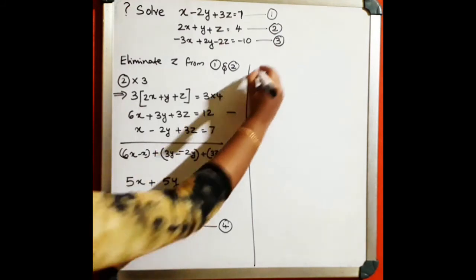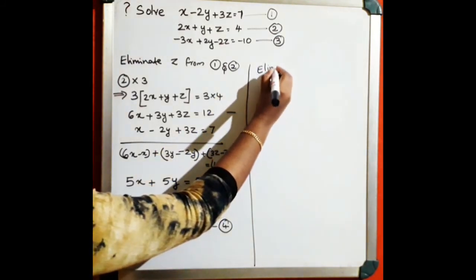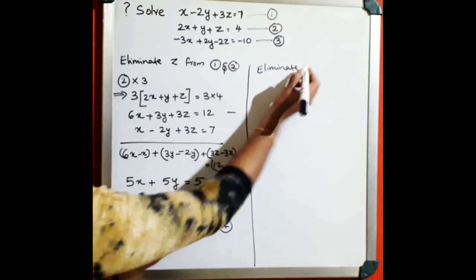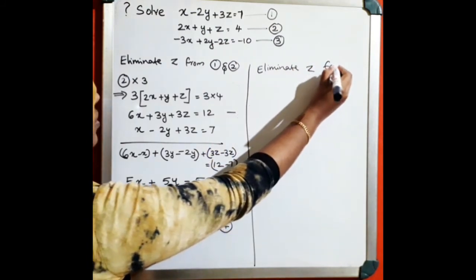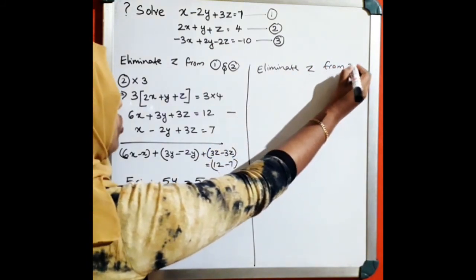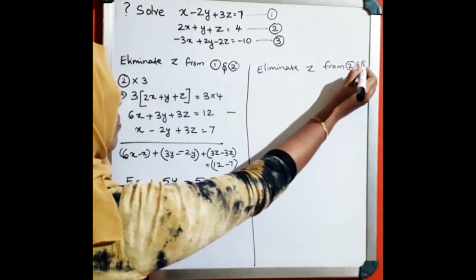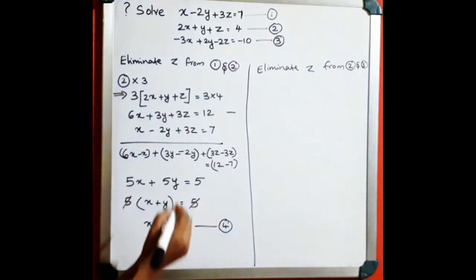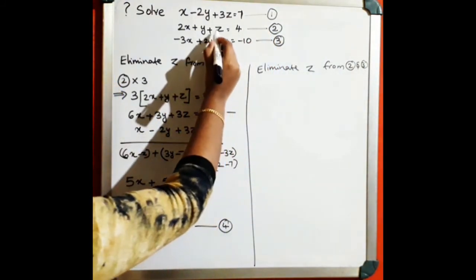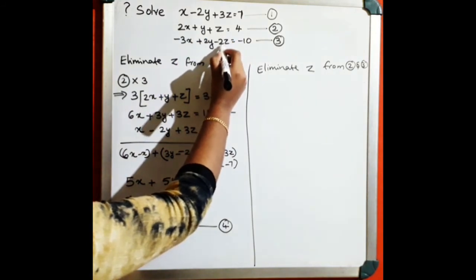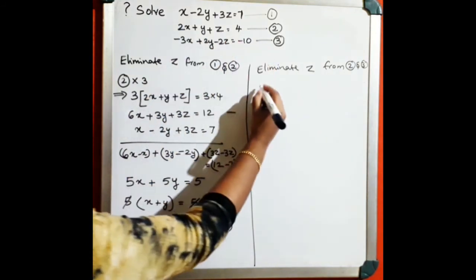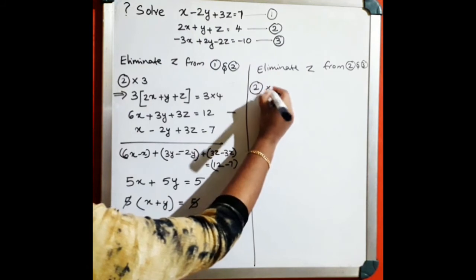Next, our aim is eliminate z from equation 2 and 3. Then here the coefficient of z is 1, here the coefficient is minus 2. So just multiply equation 2 by 2.